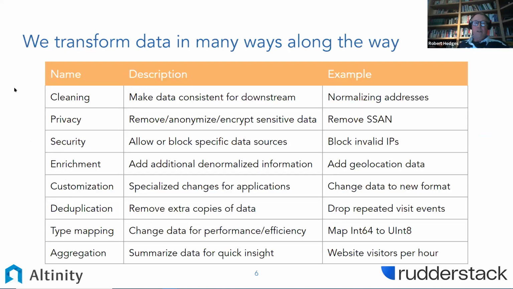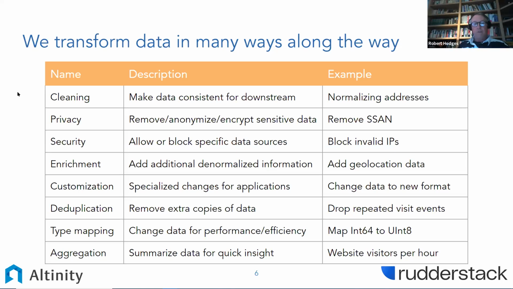So one of the key things, as Eric pointed out, is these transformations that occur along the way. And I won't read this table in detail, but it just gives you an idea of the general types of things that you may do to data. So, for example, cleaning, normalizing people's addresses, normalizing things like IP addresses, just meeting certain interface requirements so that your downstream systems don't have to deal with a bunch of dirty data or misshapen data that will cause errors or things to be just missing.